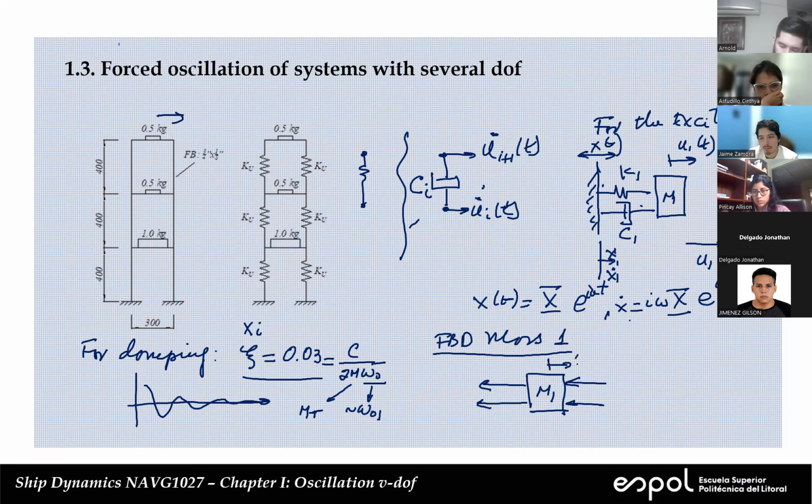This is U1, which depends on time. So now, Ramon, tell me, this force here from the spring, this would be spring number 2. What is going to be this force here? It is K2 times U2.